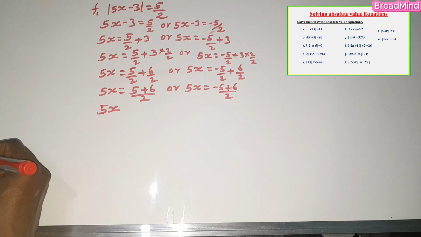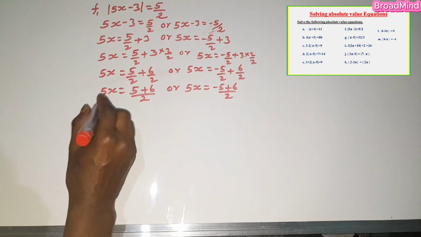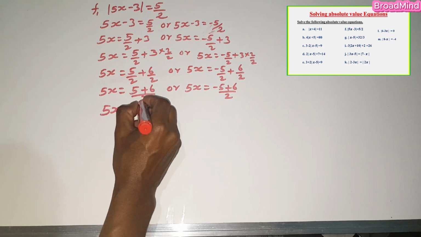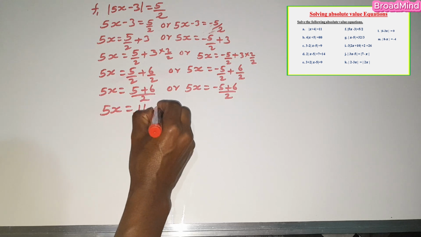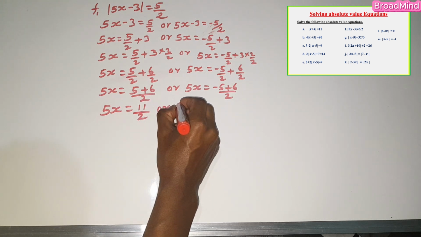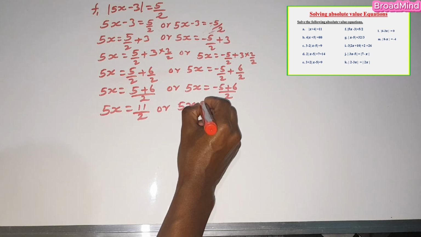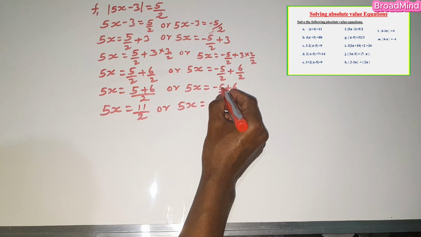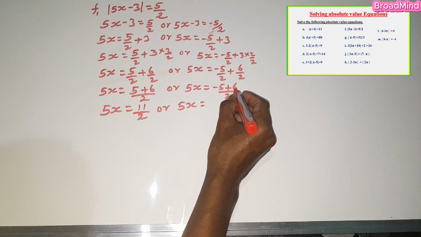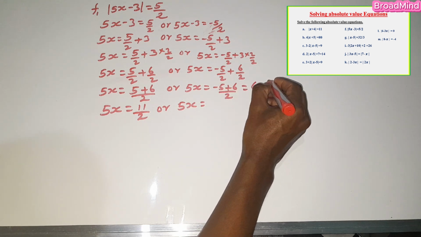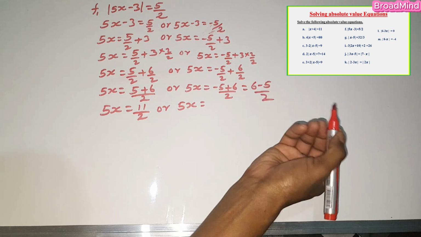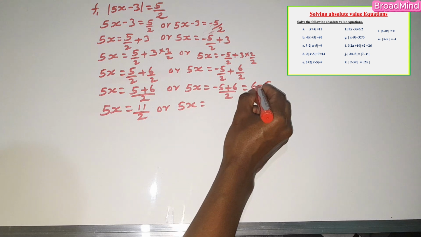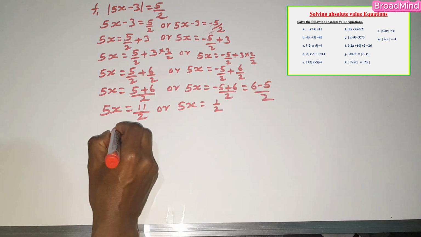Now 5x is equal to 5 plus 6, 11 over 2, or 5x is equal to, in this case, negative 5 plus 6 means 6 minus 5 over 2, no change. Then this means 1 over 2.